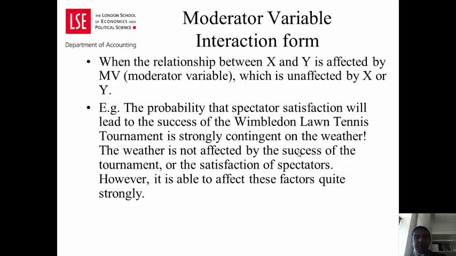So in a moderator variable relationship, how happy you are or how successful the Wimbledon lawn tennis tournament is doesn't affect whether it's going to rain or not. The rain's going to come when it comes. You being happier or less happy will not cause the rain to come or go away.